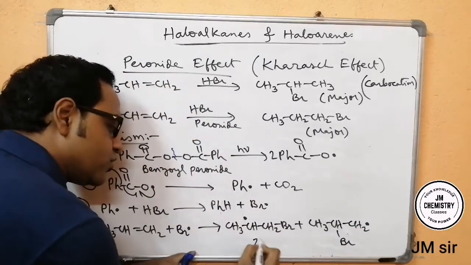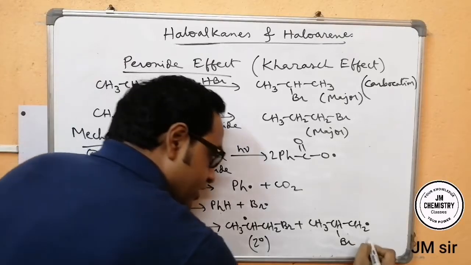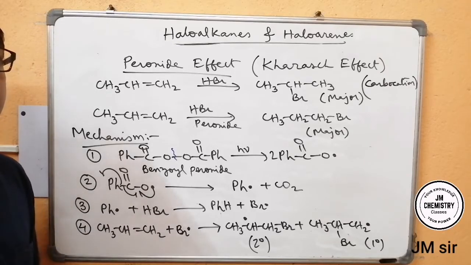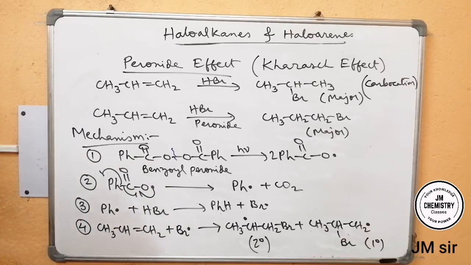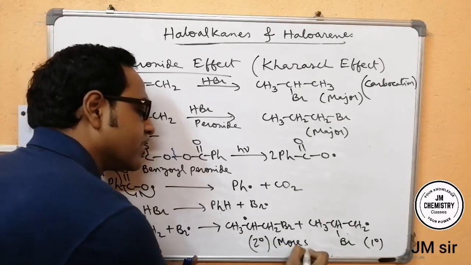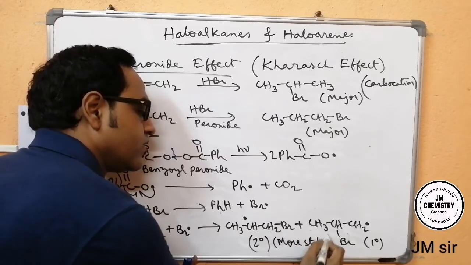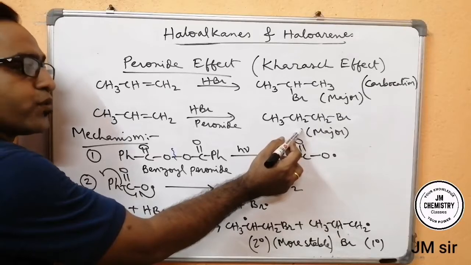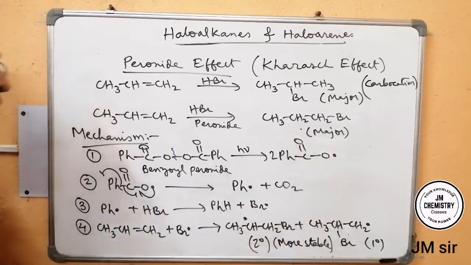Now this one is a 2 degree radical and this one is 1 degree. Again, just like carbocation, these free radicals are also electron deficient, and we know a 3 degree radical is more stable than 2 degree, which is more stable than 1 degree. So this 2 degree radical is more stable.